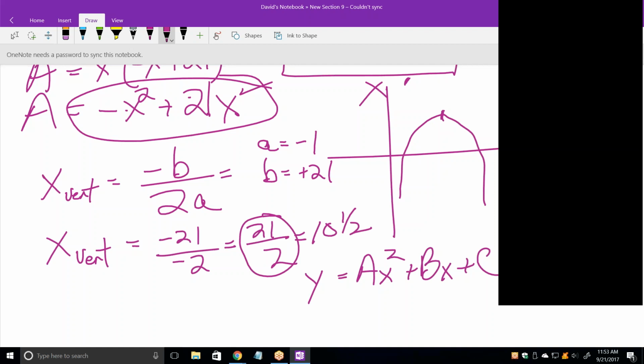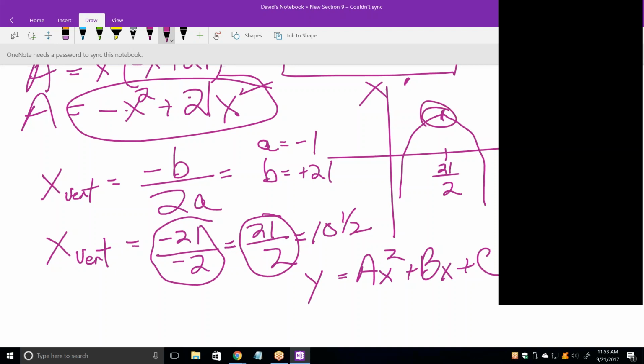But never leave it as negative 21 over negative 2. That is always simplifiable by just dividing top and bottom by a negative 1. So that always turns into 21 over 2. Now, that means that when x is 21 over 2, that's where I'm going to find my maximum of that equation.